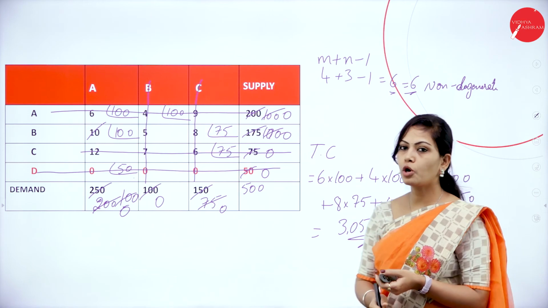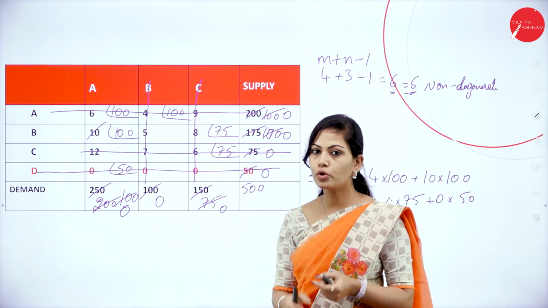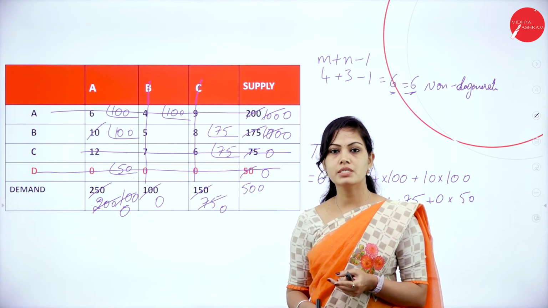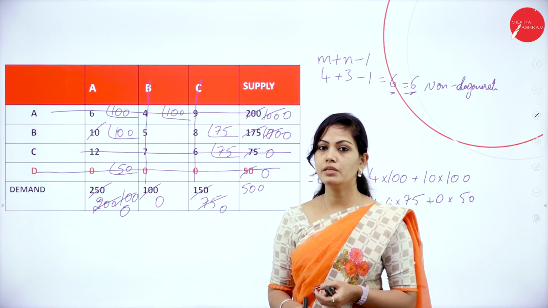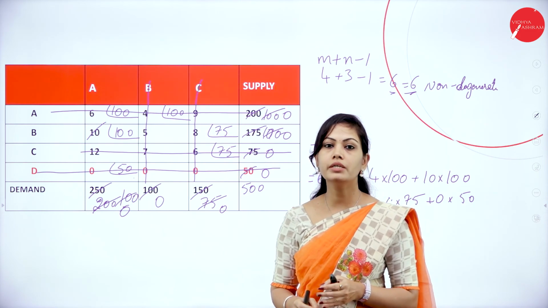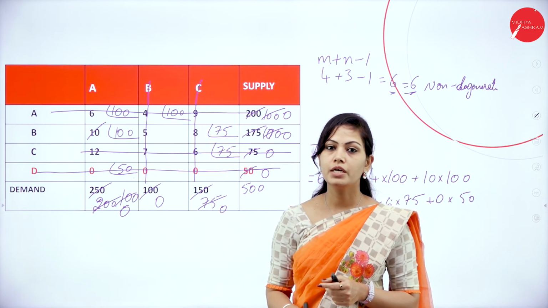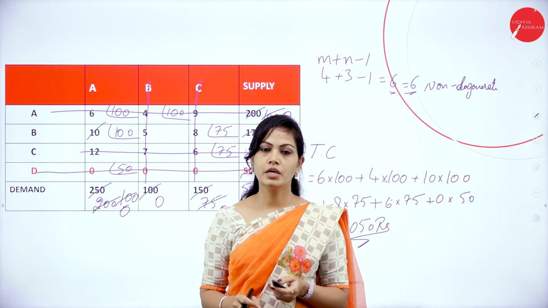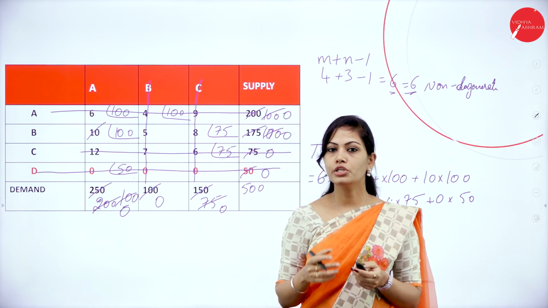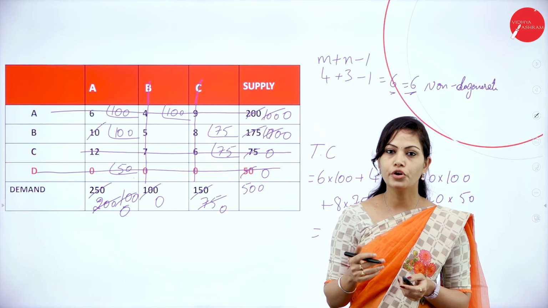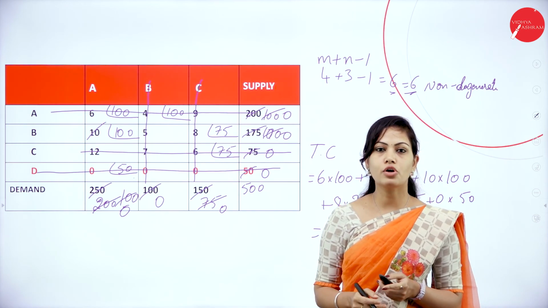You can try this problem for northwest corner and Vogel's approximation method also. In my last session I have already discussed Vogel's approximation method. Out of these three methods, Vogel's approximation method will give the best results. It will show the minimum total transportation cost. So in today's session you learnt all the basics of Vogel's approximation, northwest corner and least cost method.